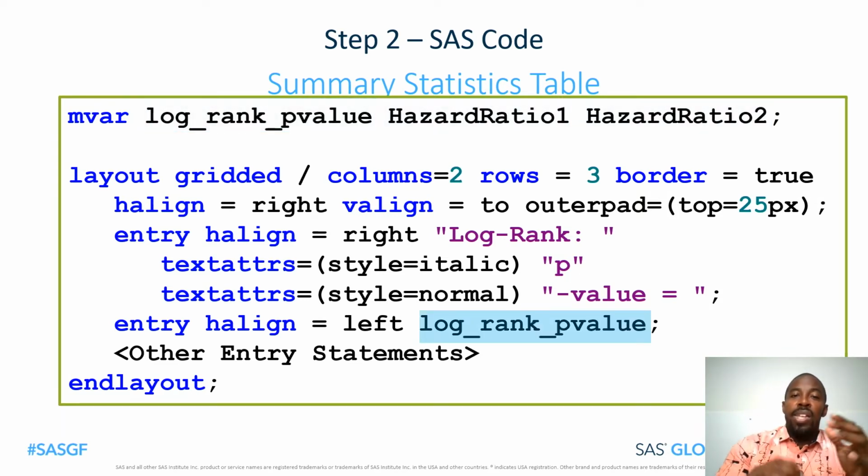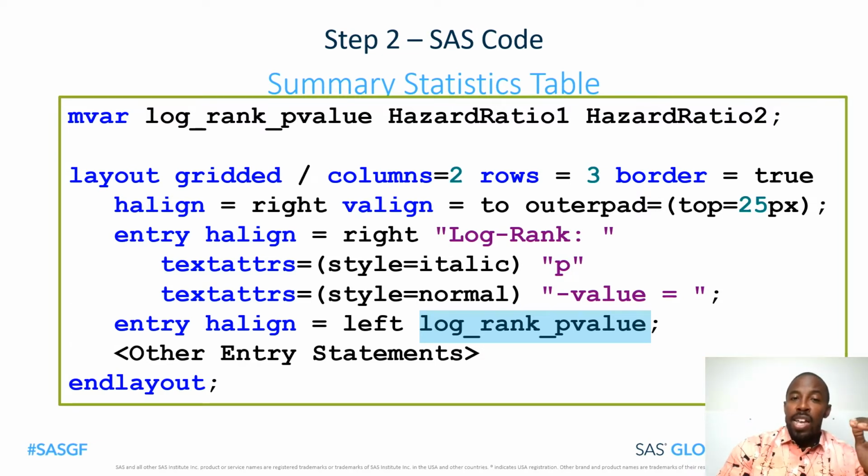Then the character tokens can be further referenced in GTL, for example in the entry statement as shown here. So we're referencing the log-rank p-value character token.